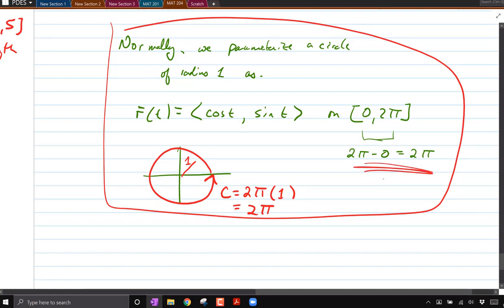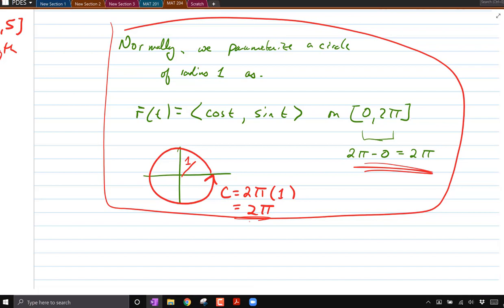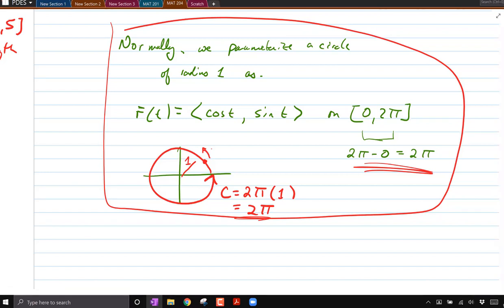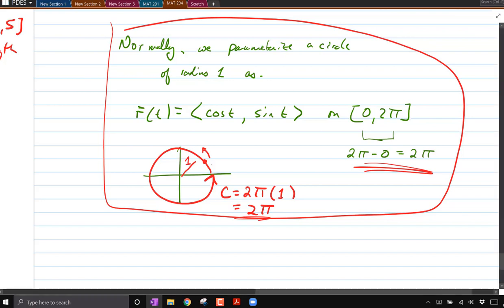The length of the time interval is equivalent to the arc length as we traverse it. That's really convenient, right? Because what if I think about this bug that's on this parameterization, and what if pi seconds passes by? Where did I end up on this circle? At -1, 0, or pi around the circle.